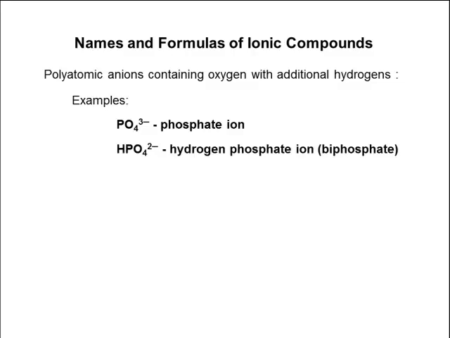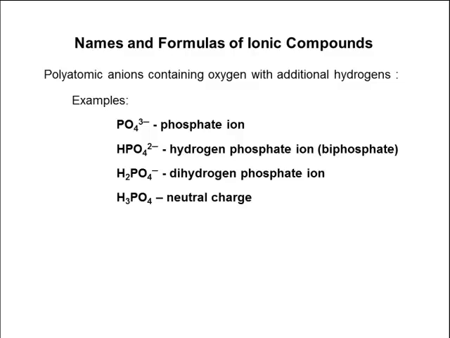Well, because I added 1 hydrogen it becomes hydrogen phosphate ion, or sometimes known as biphosphate. If I add a second hydrogen on, now I've added 2 hydrogens, I now am at dihydrogen phosphate ion. If I add a third hydrogen to that, I get H3PO4 with no charge.